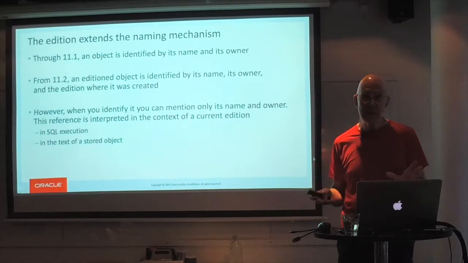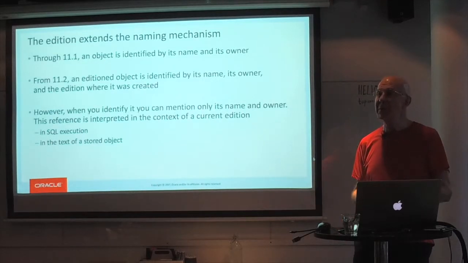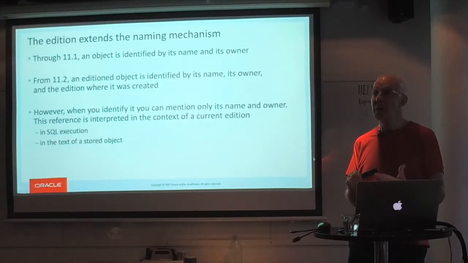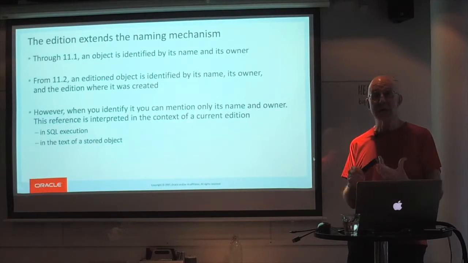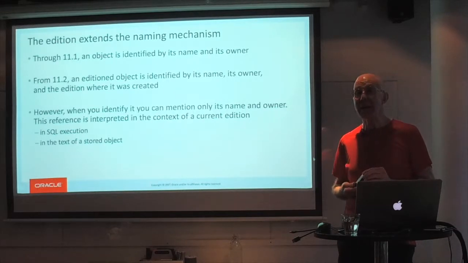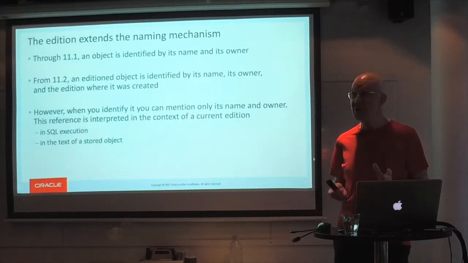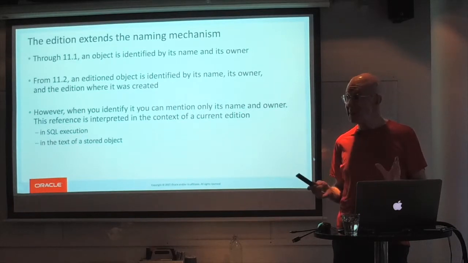Yes? Make sense? So if you think about it for a moment and think of the source code that defines synonyms, views, PL/SQL of all kinds, or if you think of the SQL that you do, insert, update, delete, or select, you're only ever mentioning names in namespace 1, and you're never mentioning the namespace or the object type.